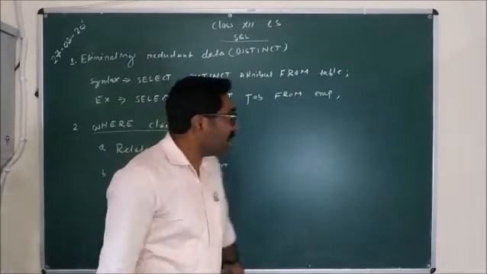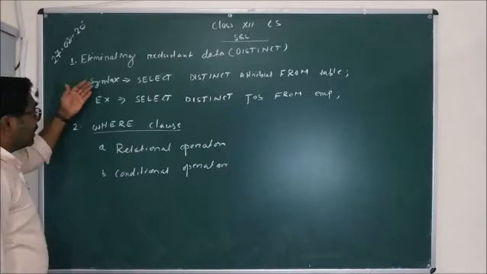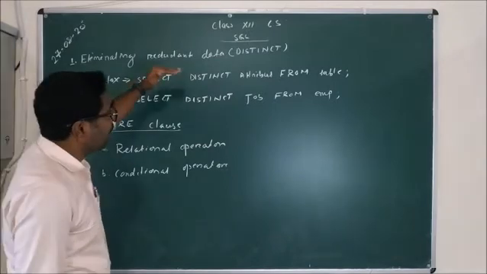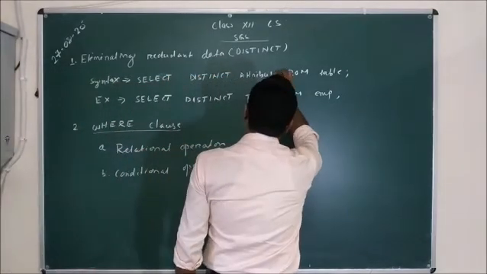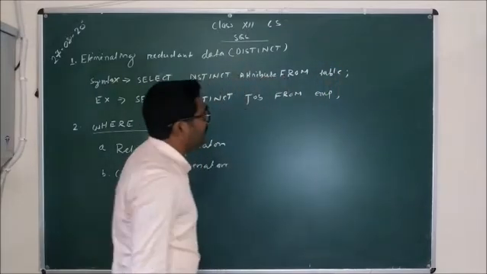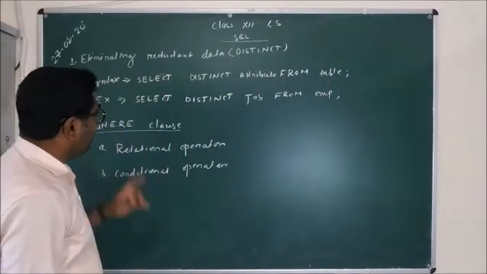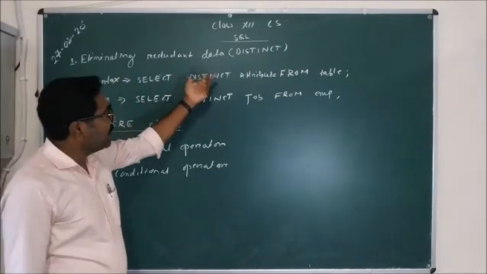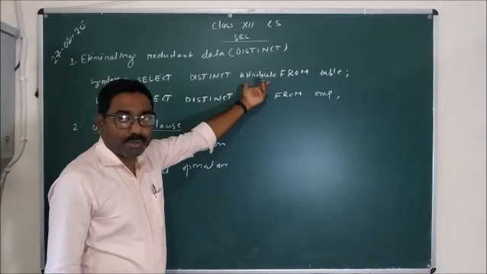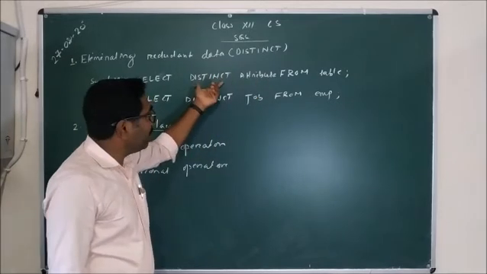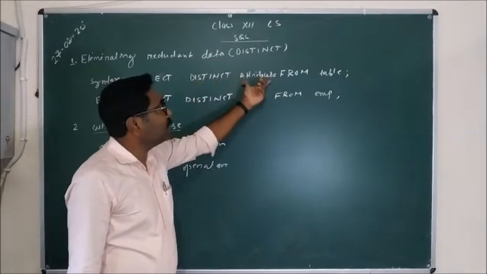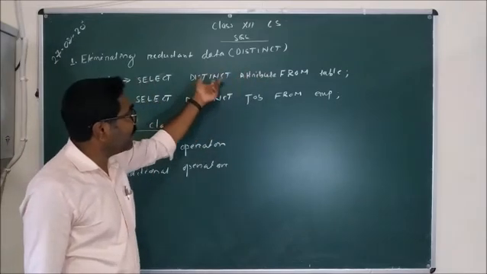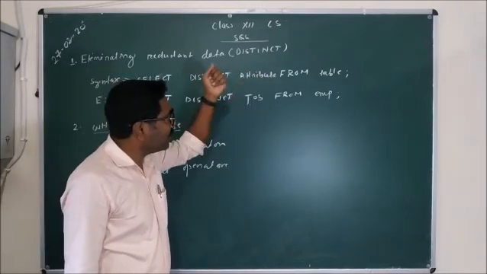Now go for the syntax. The syntax is: select distinct attribute from table name. Here distinct is the keyword, and the attribute is the one on which you want to apply the distinct keyword; you have to write that attribute here.